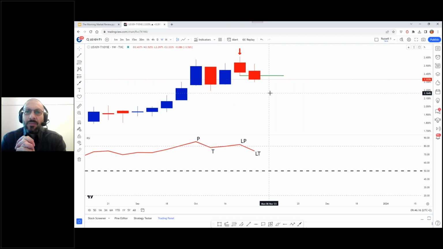So the idea here is we may be at the apex of the rate cycle, and if that is the case, we want to keep an eye on the real rates, because the real rates seem to have a relationship with the financial instruments that we trade.